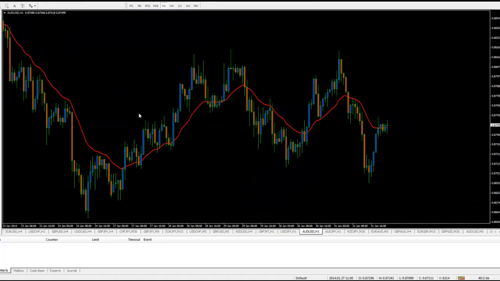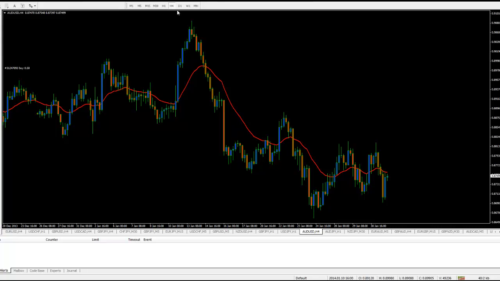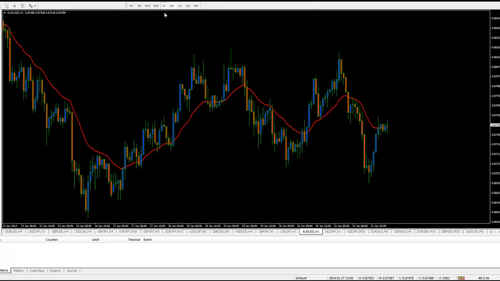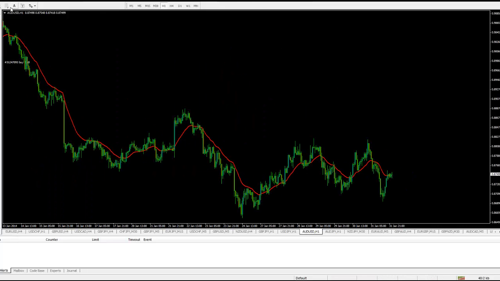Okay, the Aussie USD has actually already done something interesting on the hourly chart. We're going to pull from swing low to swing high. Let's go ahead and zoom this out just a tad.